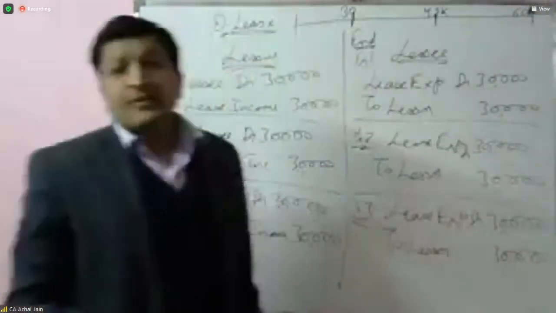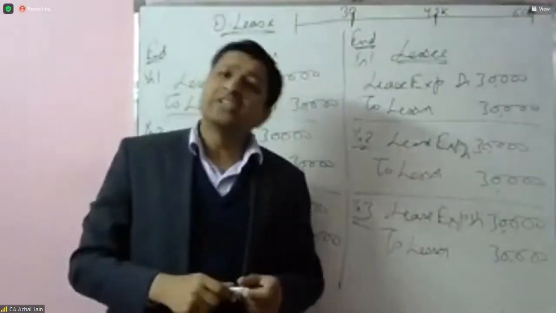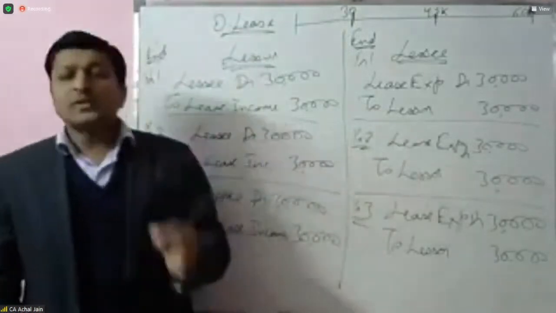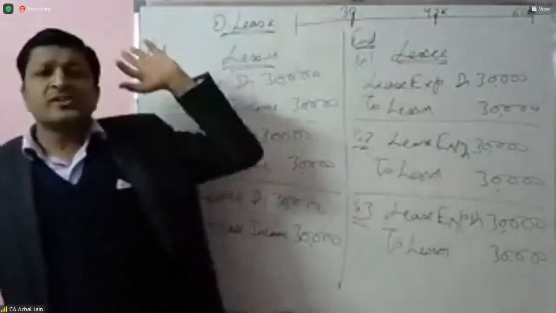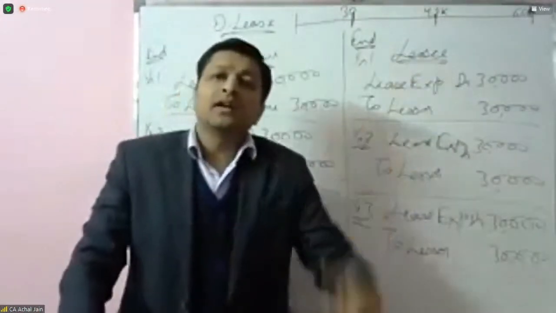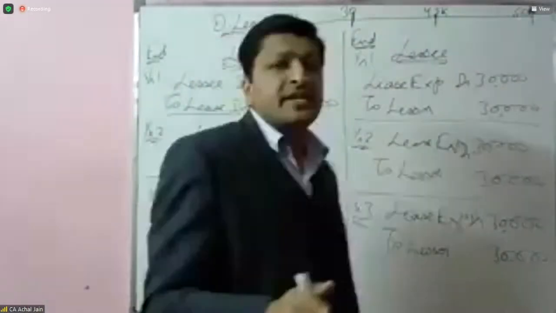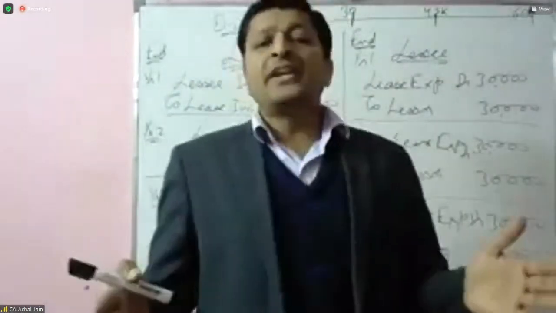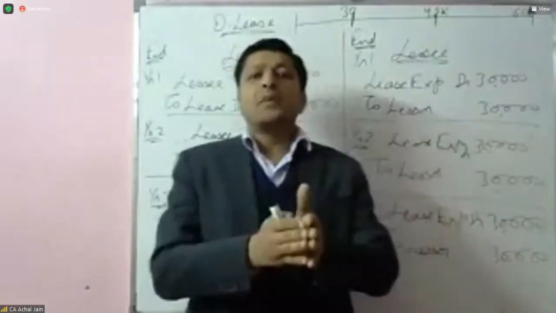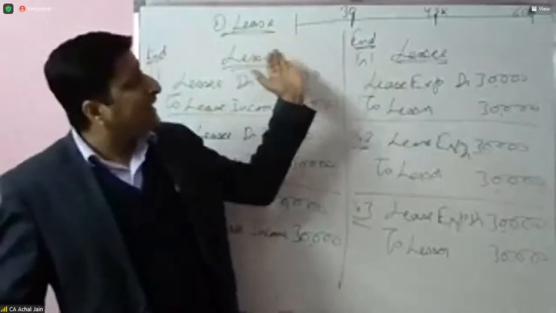Let's suppose the facts were different, and this is within the lease term. So over the lease term, what do you find? In the first year, lease expense is 30,000. Second year, it becomes 45,000. Third year, it becomes 60,000. So there is escalation. The standard says whenever there is escalation in the lease amount in case of an operating lease, we need to consider the amount in an equalized manner. Means we need to do the straight lining.